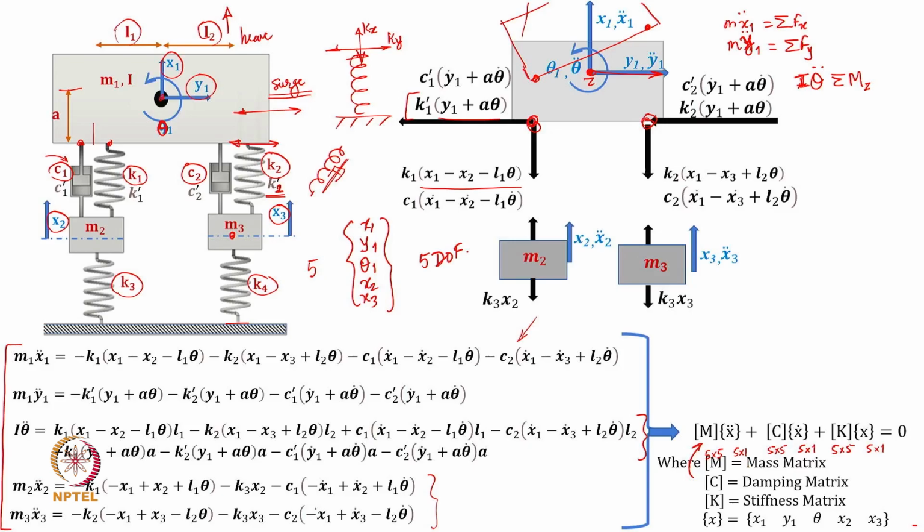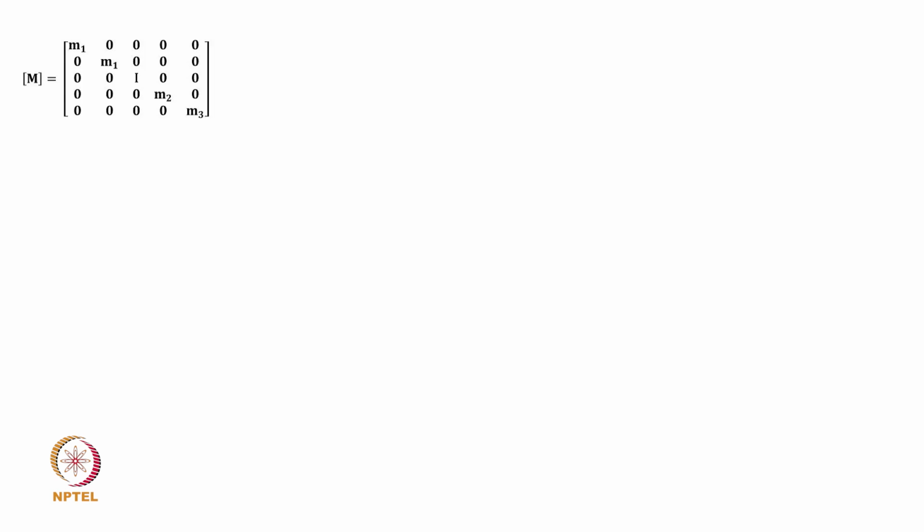As I mentioned, x is the response vector comprising all the 5 degrees of freedom. Now, if you arrange these equations, the mass matrix that I used in the representation of that governing equation of motion would have this form.